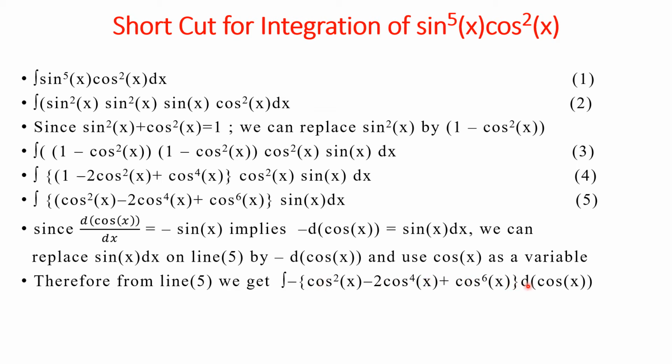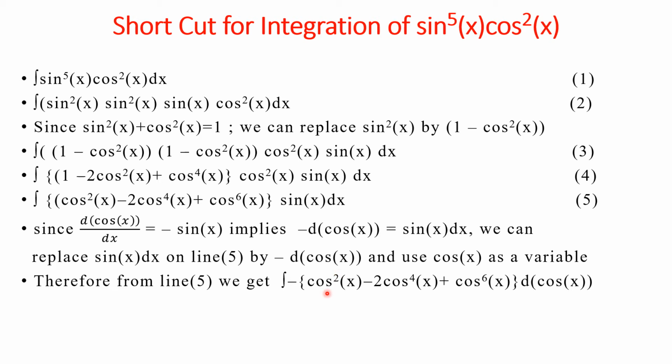Now we will treat cosine x as a variable, not as a function. If cosine x is a variable, it's just like we're saying dx. So we're saying d, the variable. And all we need to do is just to carry integration the way that we are familiar with. Integration is carried by raising the exponent by 1 and dividing by the new exponent.